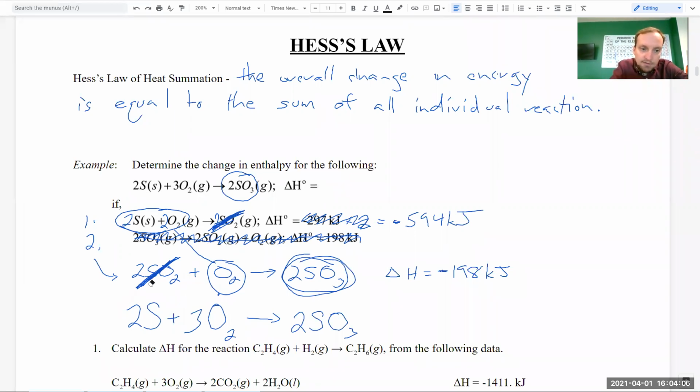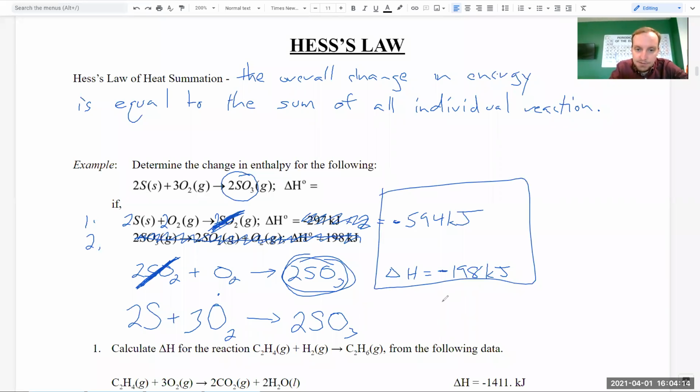All right, now that we have been able to play with those reactions, flip them, double them, whatever we needed to do, what we need to do now is the math. So the way this works is we're going to add, because remember it says it is the sum of the two. So our delta H is going to equal our negative 594 kilojoules plus a negative 198 kilojoules.